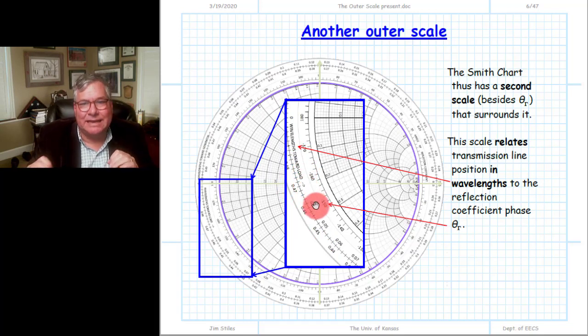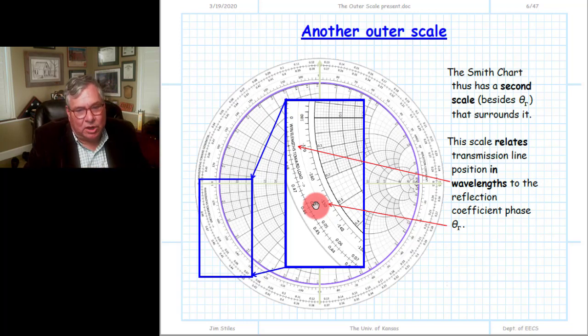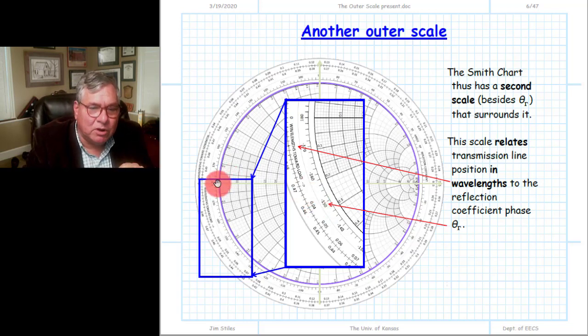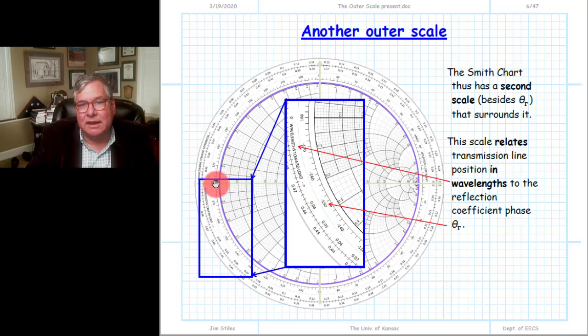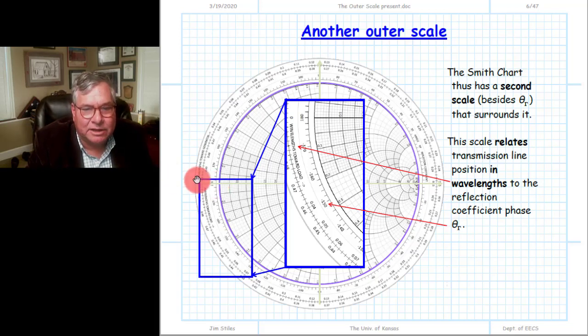And we're going to look at the one on the inside first, the one that's denoted as wavelengths toward load. If we look closely, we find that the value of that index is 0 here, where the reflection coefficient phase angle is 180 degrees or minus 180 degrees, however you look at it. Let's look at it as minus 180 degrees.